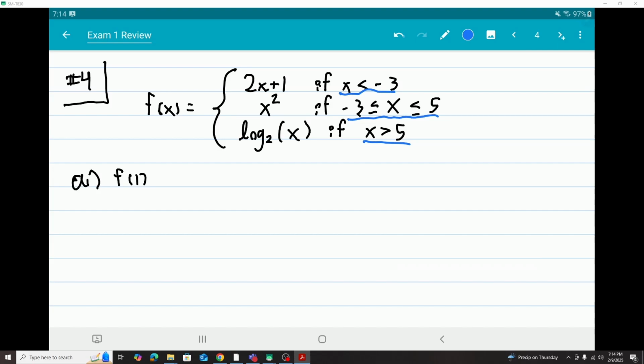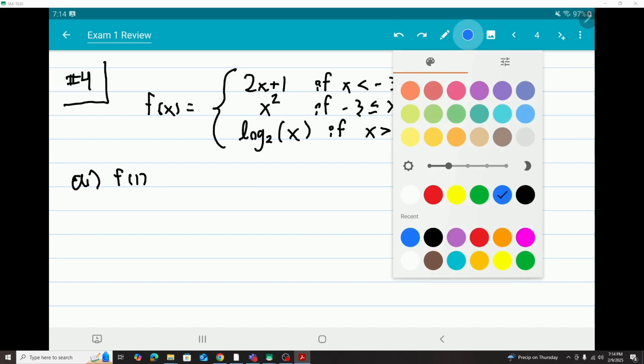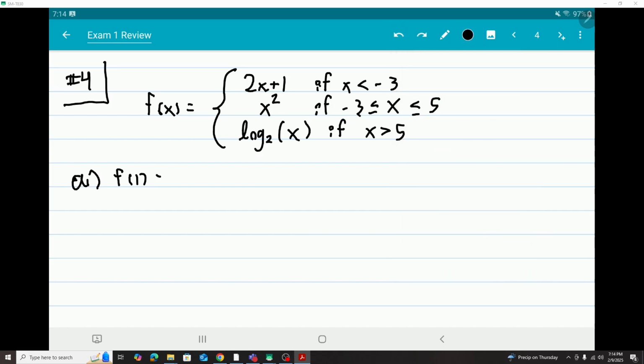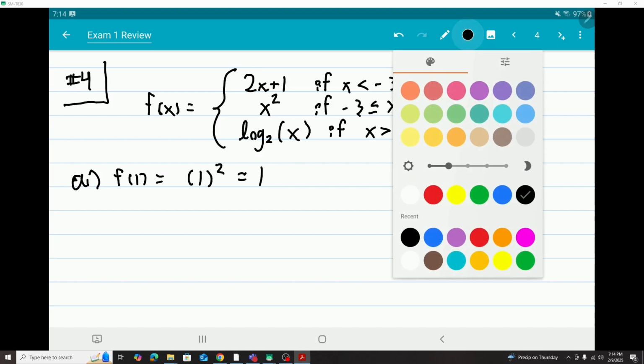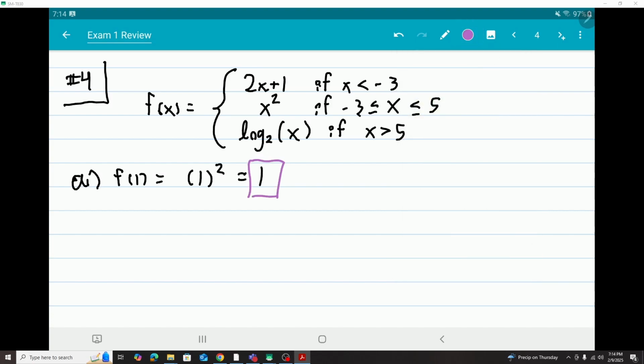So we look and we say, okay, it's not less than negative 3, so we move on to the next one. It is between minus 3 and 5. So I can just plug in to that middle one. I get 1 squared is 1. And that's all there is to it. We just have to make sure we're using the right one.